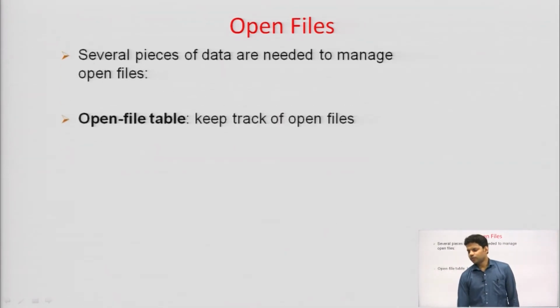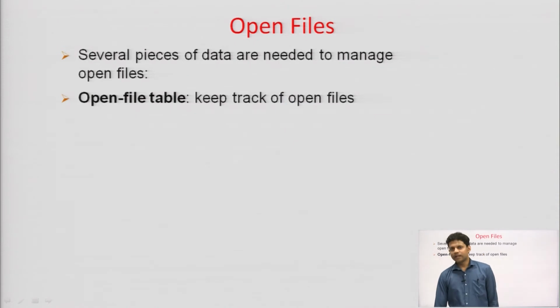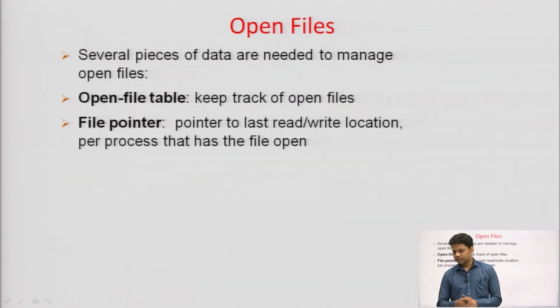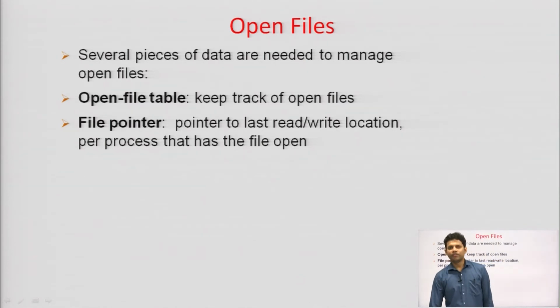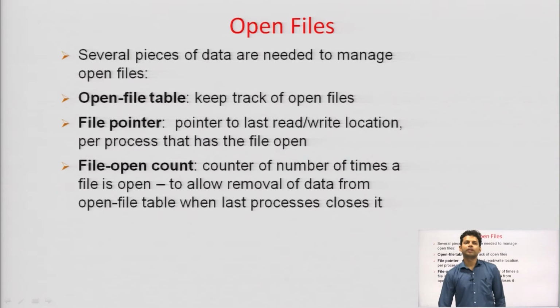So what are open files? Whenever a file is open, these are the things that are maintained. First is your open file table, which keeps track of open files. Next is your file pointer, the pointer to the last read and write location per process that has the file open. File open count tells how many files are open right now at a particular time.